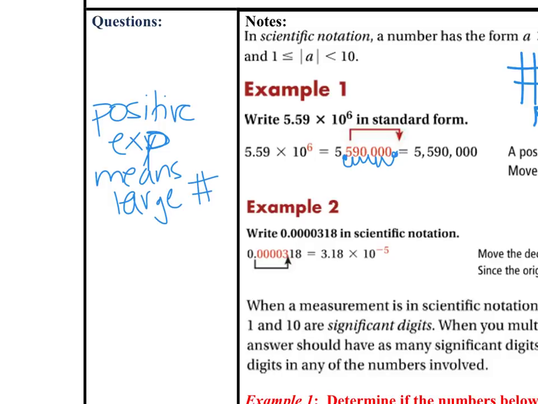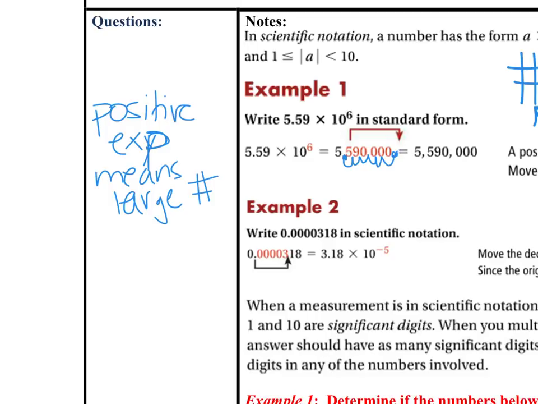Now it ends up back here. All of these little swoops that didn't have any number after the 5 and the 9, they put zeros in to fill them in. So the answer would be 5,590,000 for regular standard form.